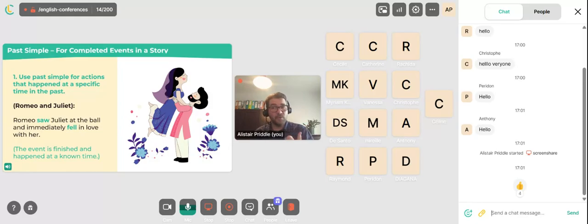Use the past simple for actions that happened at a specific time in the past. Here we've got Romeo and Juliet. Romeo saw Juliet at the ball and immediately fell in love with her. The event is finished and happened at a known time in the past. Past simple.